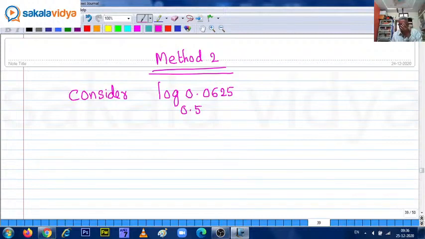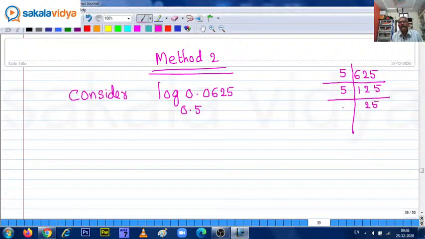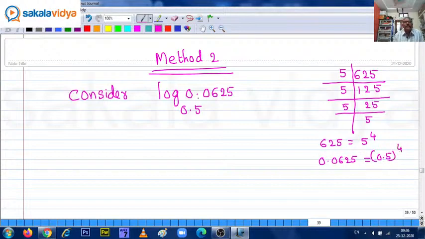Here we know that 625 can be written in prime factorization form: 5 125s, 5 25s, again 5 5s. Since 625 equals 5 raised to 4, 0.0625 becomes 0.5 all to the power of 4. You remember this technique. So now instead of 0.0625, write down 0.5 all to the power of 4.